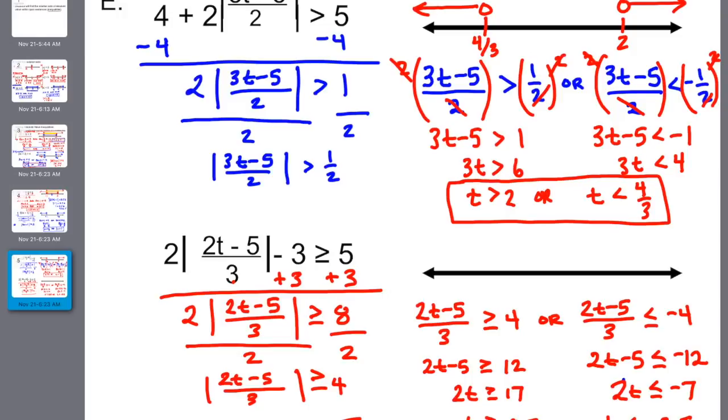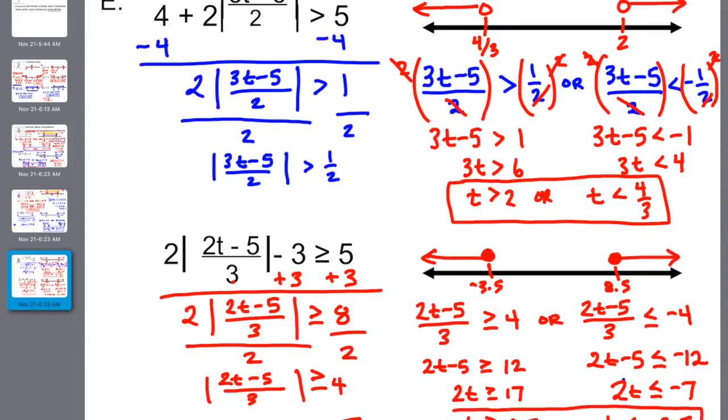Let's put those on our number line to see if there's anything crazy happening there. So greater than or equal to 8.5 would be a closed circle going this way. Less than or equal to negative 3.5 would be a closed circle going that way.